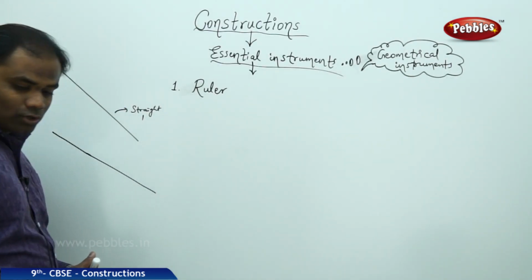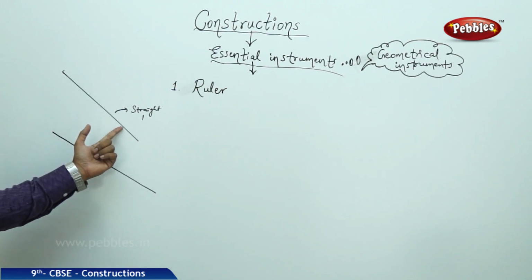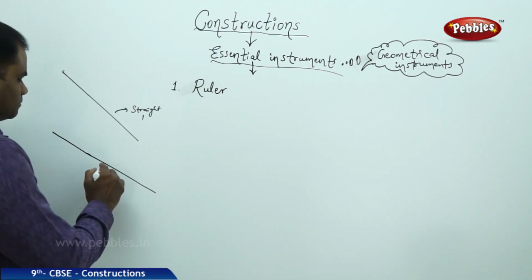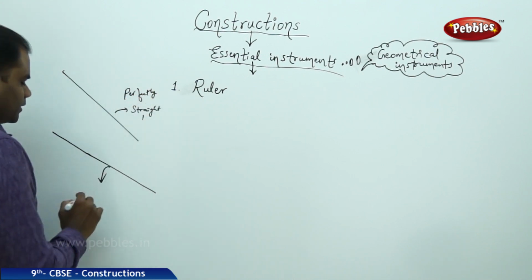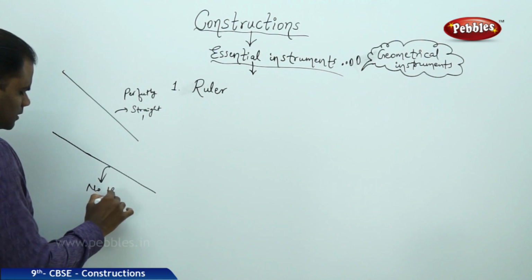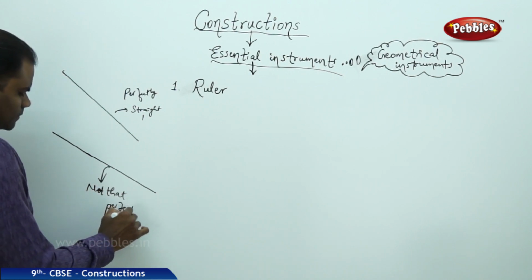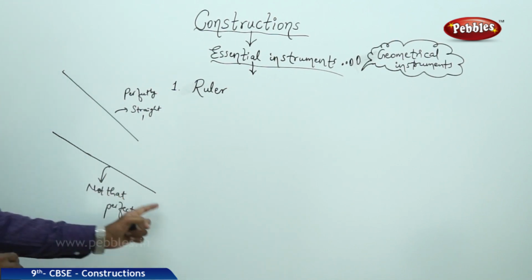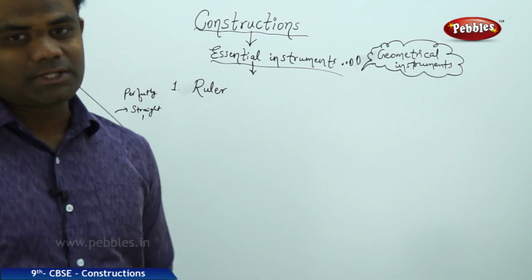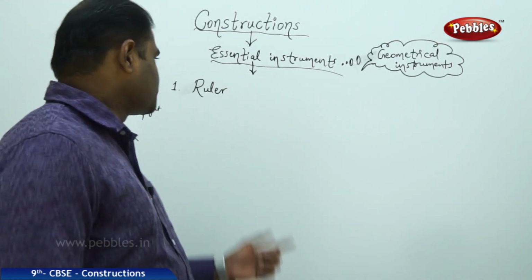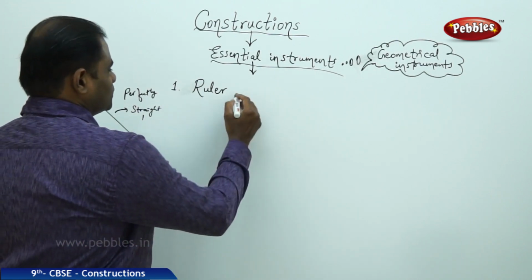A line drawn with a ruler, as given here, gives me an exactly straight line, but this one is not that perfect, because it is randomly hand drawn, and this one is drawn with a straight ruler. That is how we understand the basic introduction of the first essential instrument, which is the ruler.